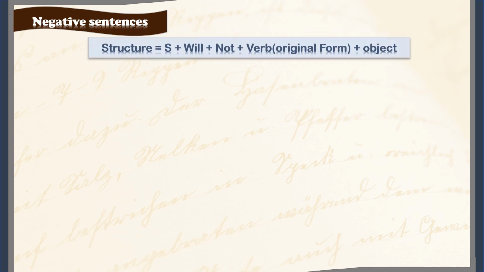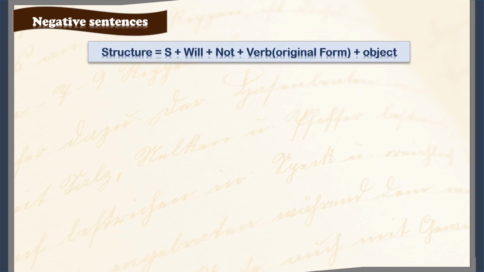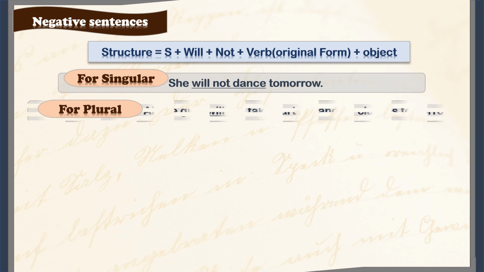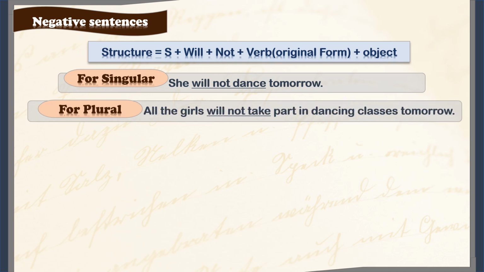For negative sentences, the structure is subject plus will plus not plus verb in the original form plus object. Example for singular, she will not dance tomorrow. Example for plural, all the girls will not take part in dancing classes tomorrow.